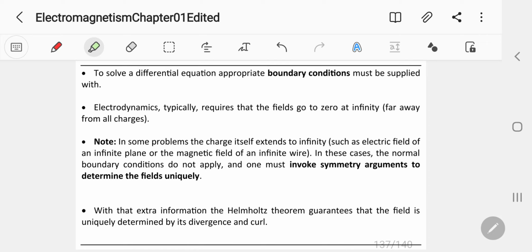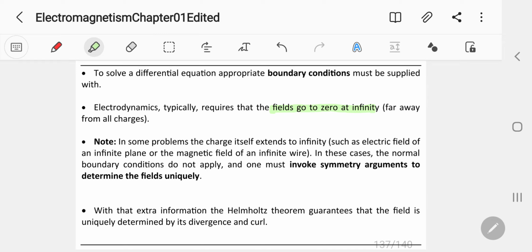The boundary condition we consider most of the time is that these fields must go to 0 at infinity, or far away from all charges, because charges produce electric field, and Coulomb's law gives us the idea that the fields go to 0 at infinity.